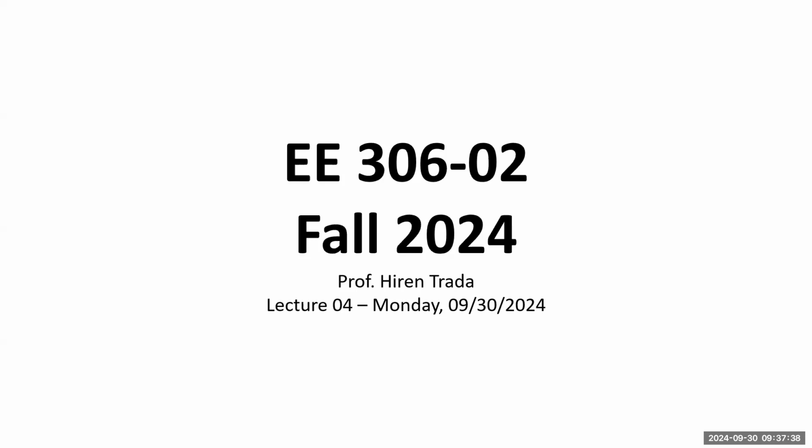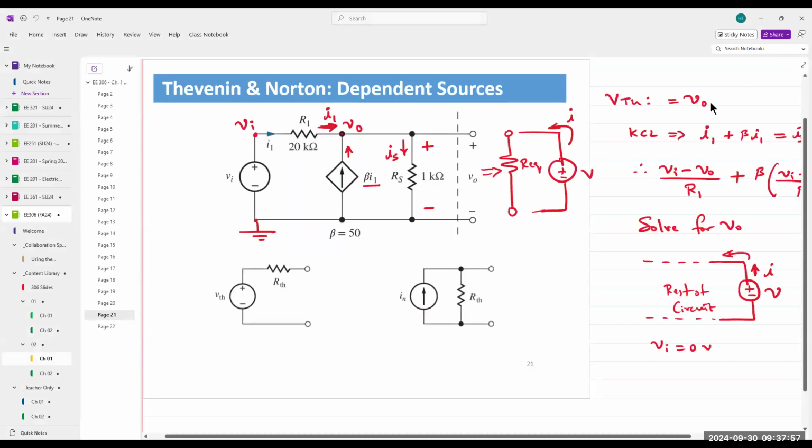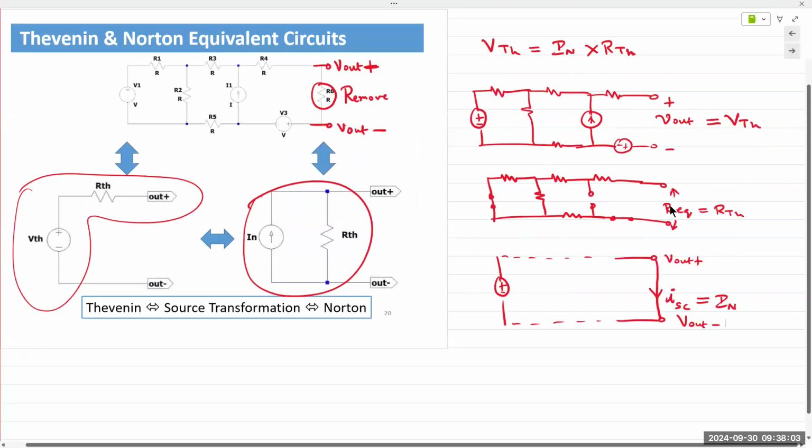Let me back up. When I teach Thevenin and Norton, I usually like to use the phrase "as seen by." I pointed that out when we did this example here.